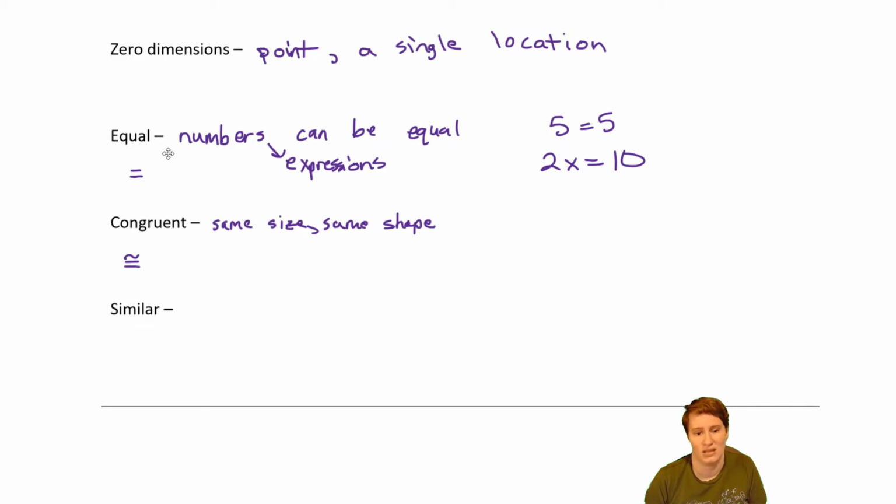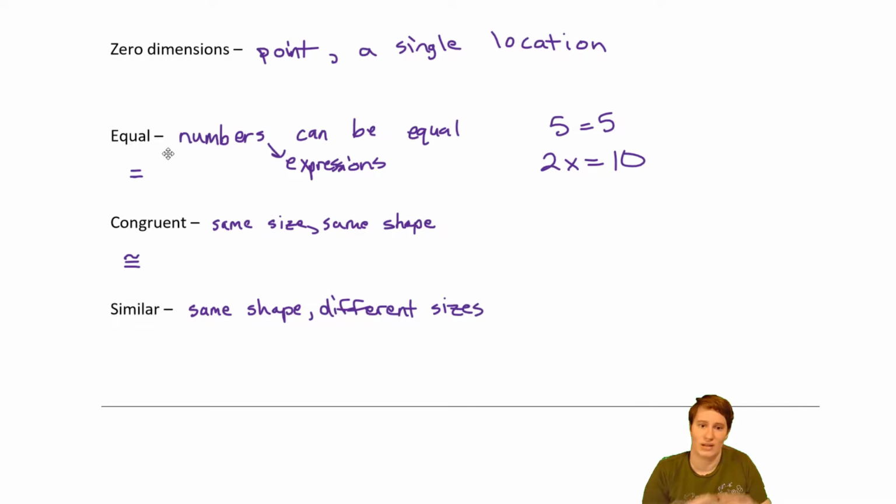Similar means that, again, we're talking about shapes. Whenever we talk about things being similar, it means that they're the same shape, but they can be different sizes. Same shape, different sizes. Actually it specifically means that one is like the other one, but expanded, like magnified, like if you zoomed in or zoomed out.